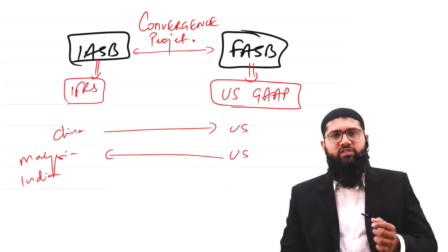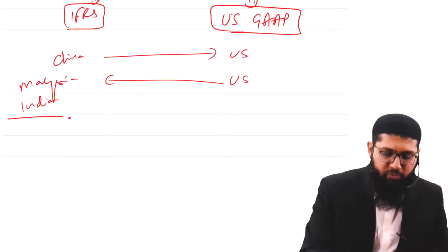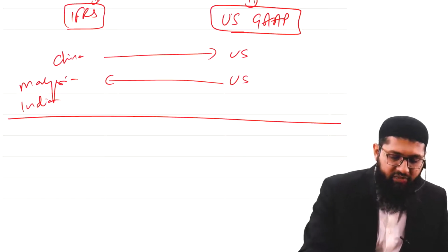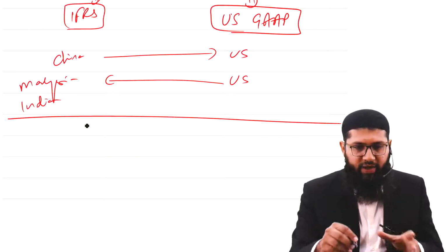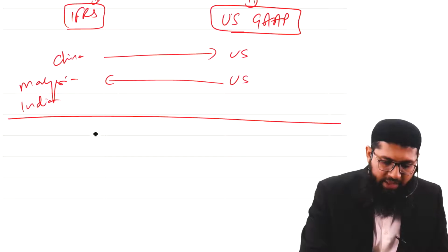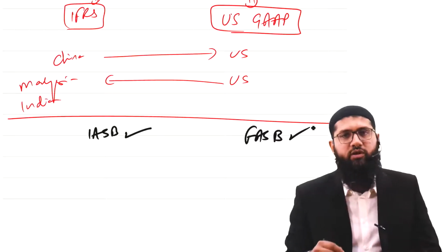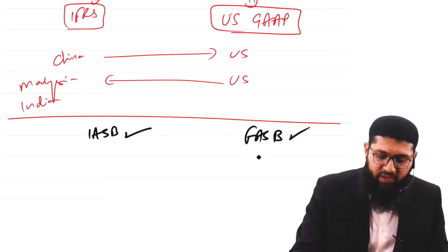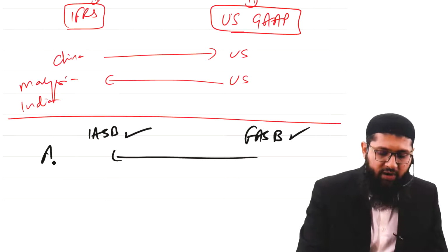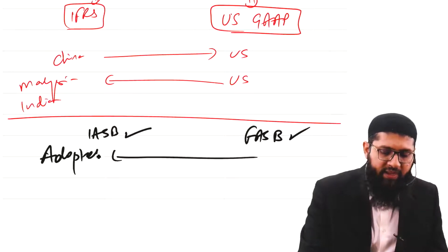Now, what was this Convergence Project? There was a discussion between them and they identified the areas where IASB's treatment was superior. There were some areas where the FASB treatment was superior. So in a few places, the US accounting standard was adopted by IASB.